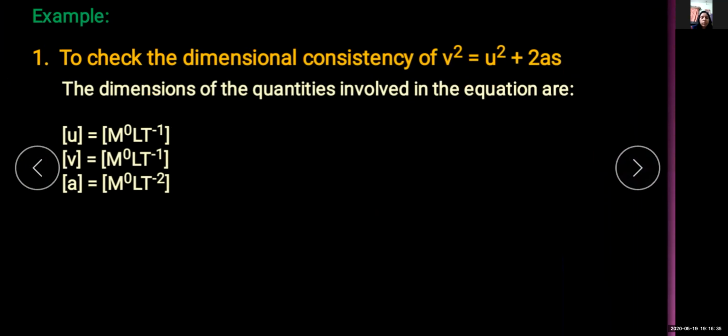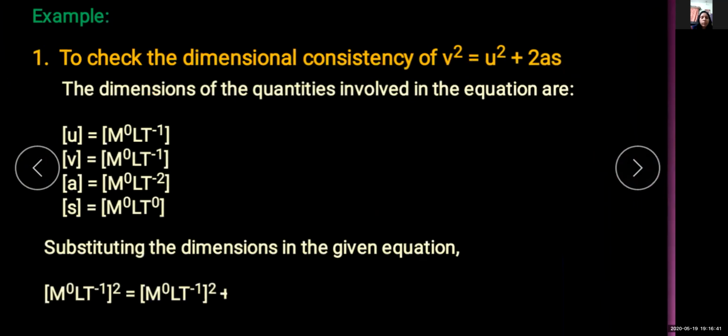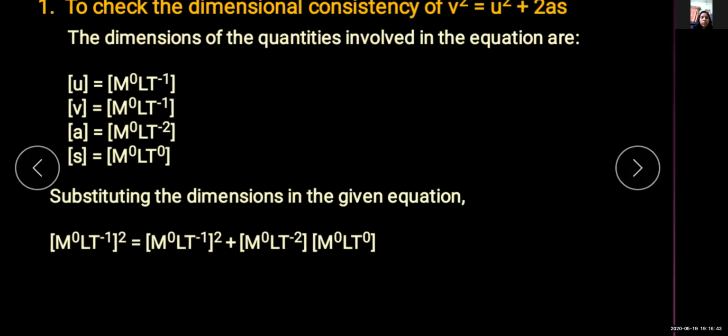Now put these values in the equation. So we will get [M^0 L T^-1] square equals [M^0 L T^-1] square plus [M^0 L T^-2] into [M^0 L T^0].